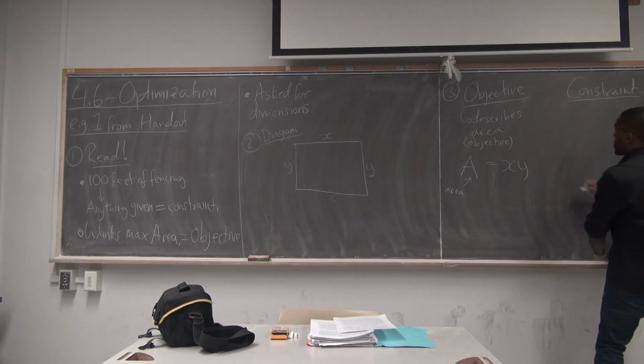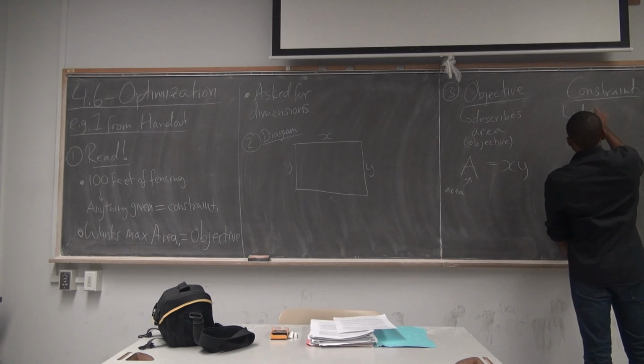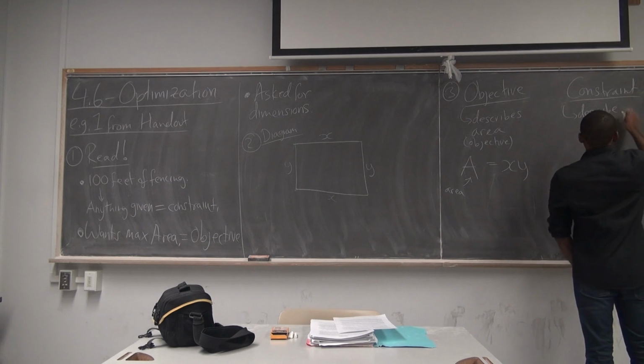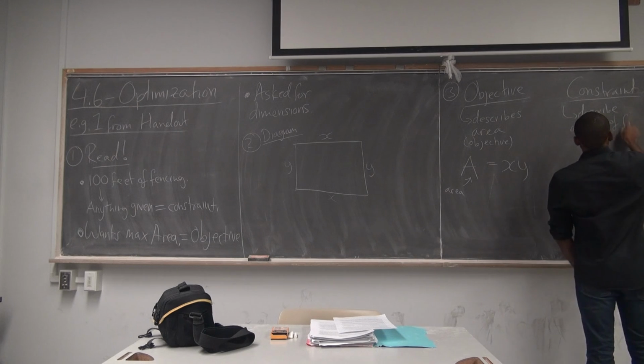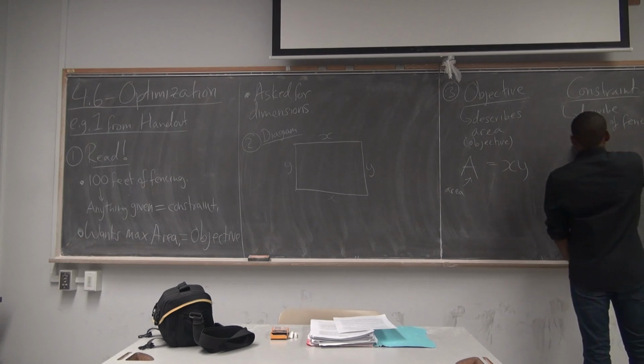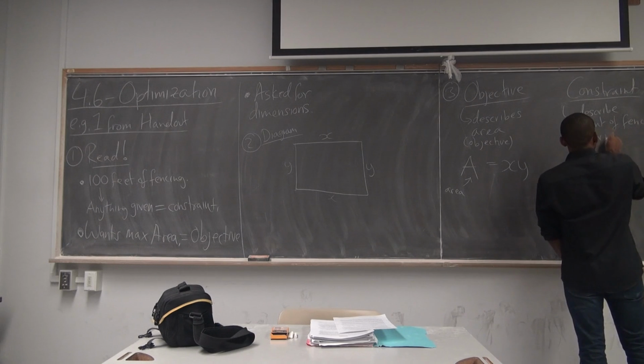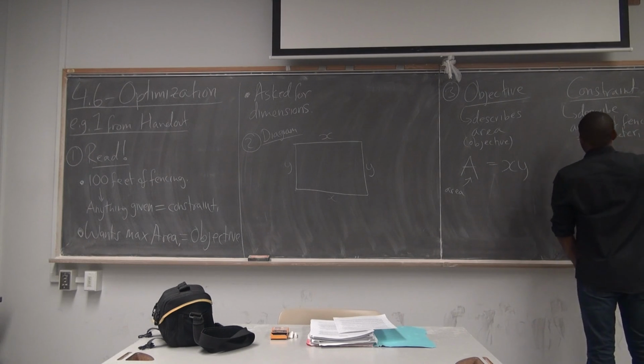Okay, constraint. This must describe, I figured out my restriction, the amount of fencing. Right? Which basically here is just going to be the distance around, that's the perimeter. So what's going to be an equation that describes that?